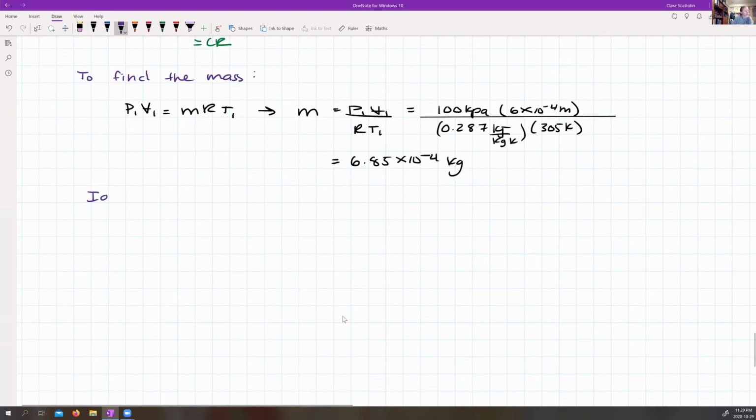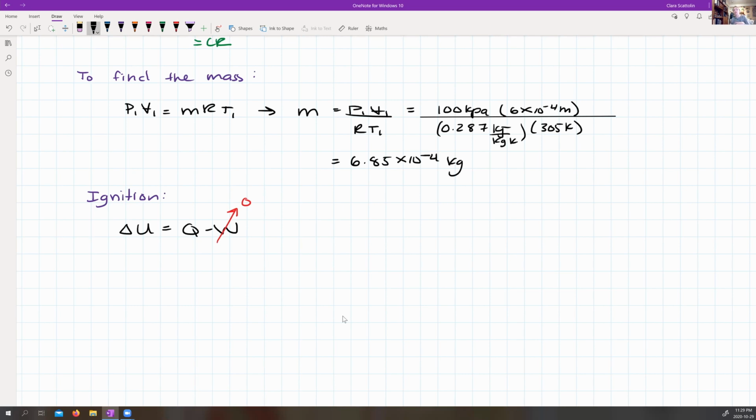So this is my ignition state. If you look at our first law equation, we have delta U equals Q minus W. And we know that there is no work being done during the ignition. And there is no flows whatsoever because there's no gas coming in or out.